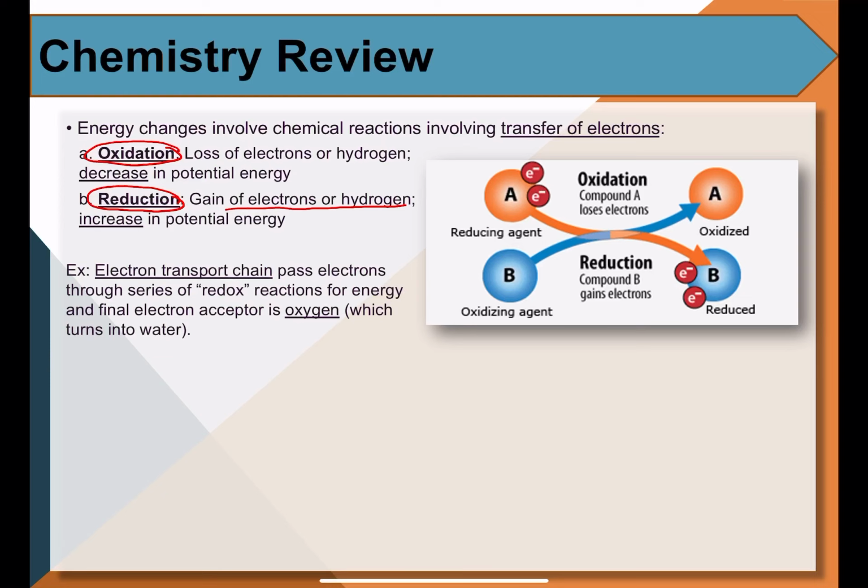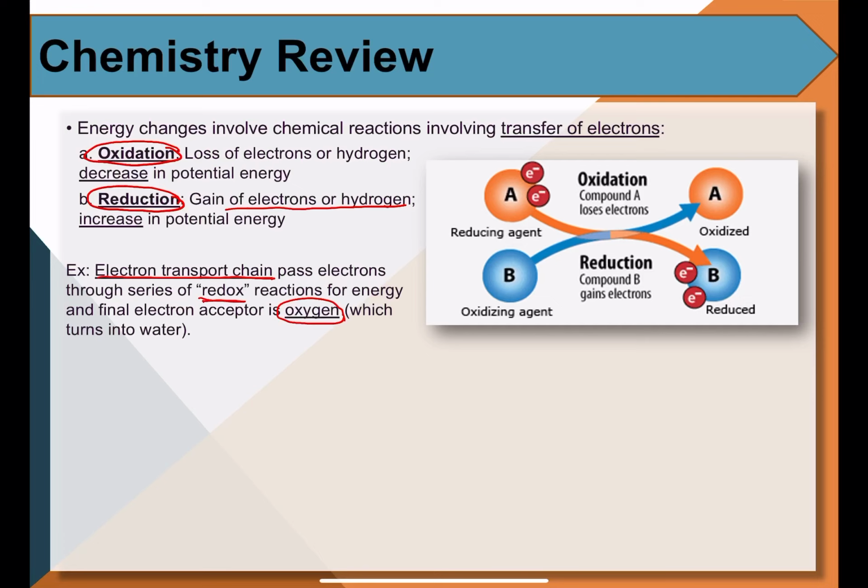The last part of the electron transport chain has oxygen as its final electron acceptor. So throughout the entire process of the electron transport chain, we are seeing redox reactions happening between all those complex proteins. So oxygen in the end was reduced to water through cellular respiration.